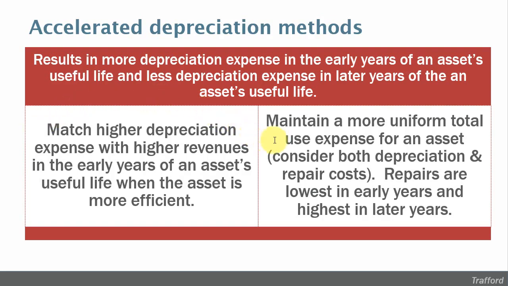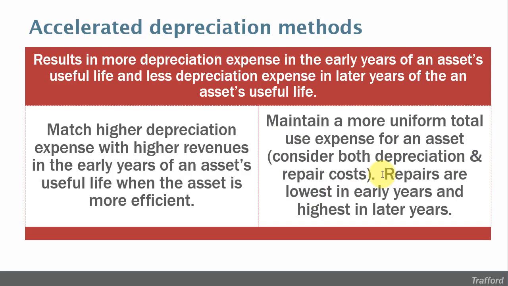And in addition, we could argue that an accelerated method actually maintains a more uniform total use expense for a given asset. Because remember, the cost of an asset is more than just its acquisition cost. The cost of an asset also would include ongoing repair costs for that asset.